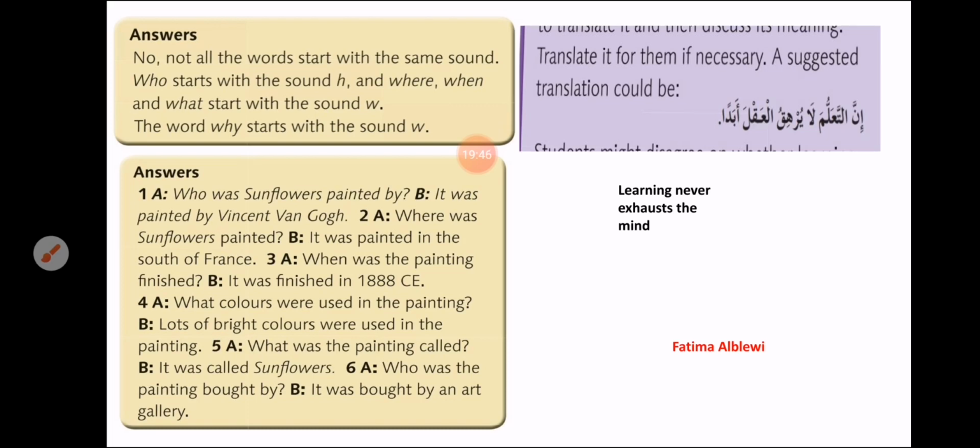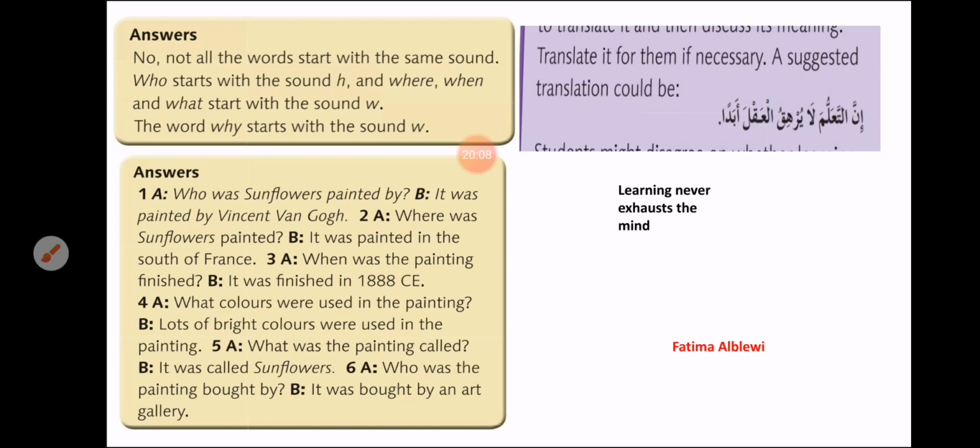The answer will be in the audio script, God willing, I will send it to you. Not all the words start with the same sound. Who starts with the sound H, and where, when, and what start with the sound W. The word why starts with the sound W also.